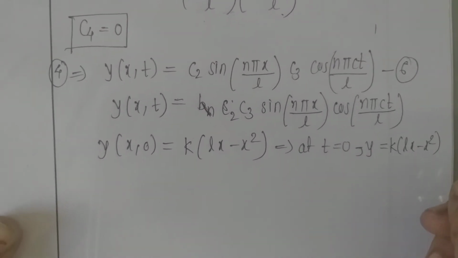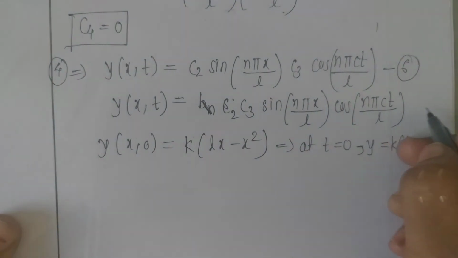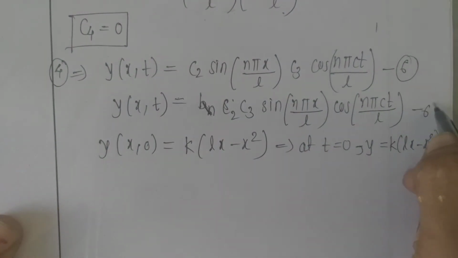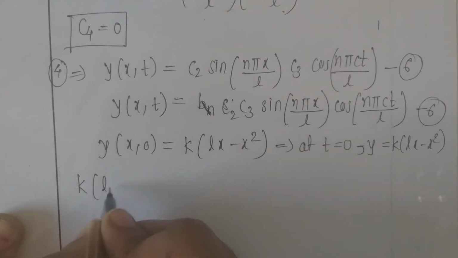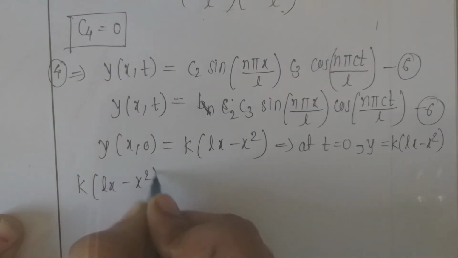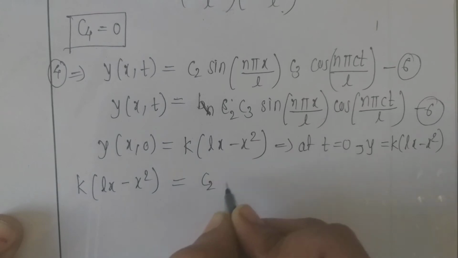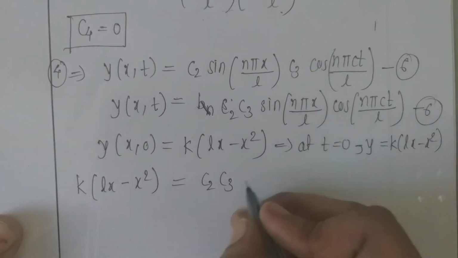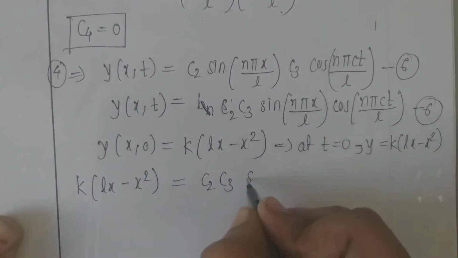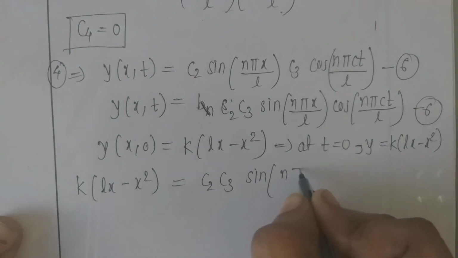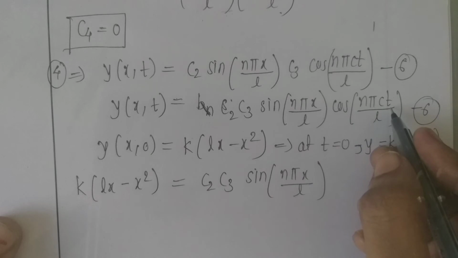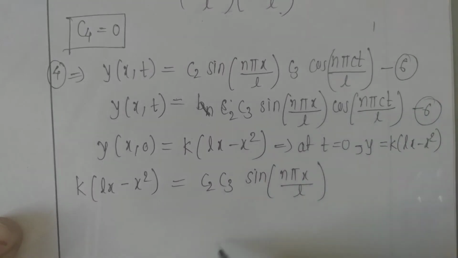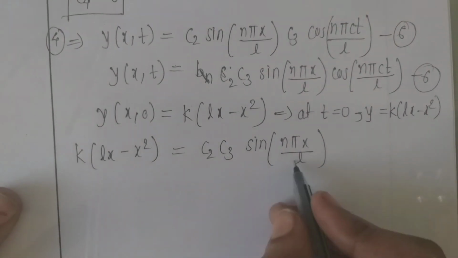So substituting this value here, at t = 0 in equation 6, y becomes k times (Lx − x²) equal to C2 multiplied by C3 sin(nπx/L) as it is, and cos(nπ·0) is cos 0, which is 1. So remaining is only this term.